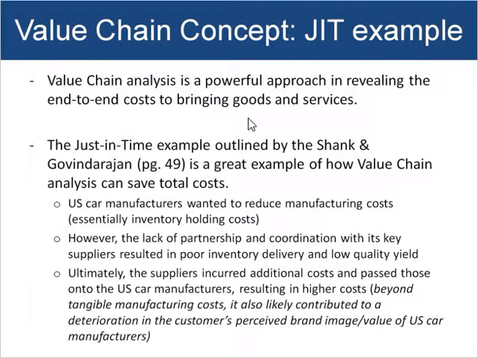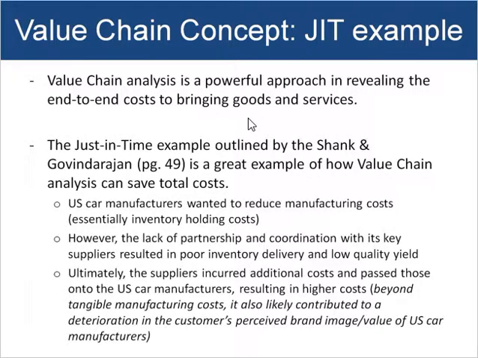So either you had a supplier who delivered poor inventory from a quality standpoint, or the timeliness was off, and ultimately the supplier incurred the additional cost to try to maintain a just-in-time system, because they were second-guessing the GMs and the Fords of the world in terms of what exactly they were doing.